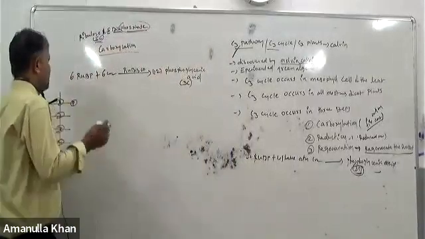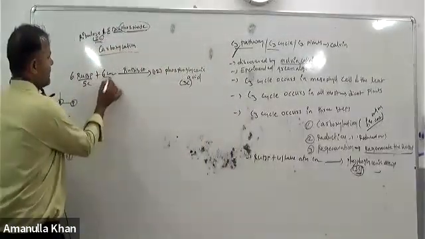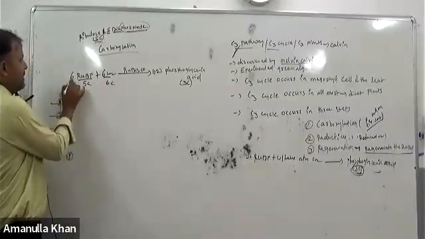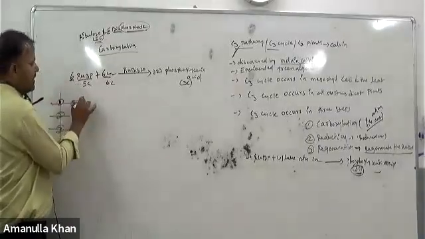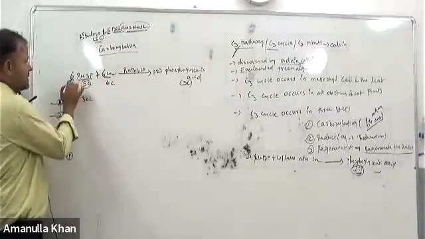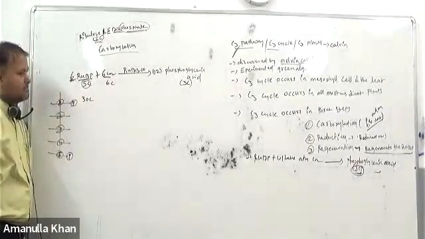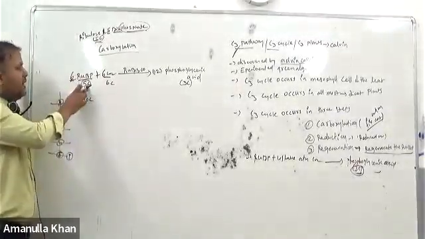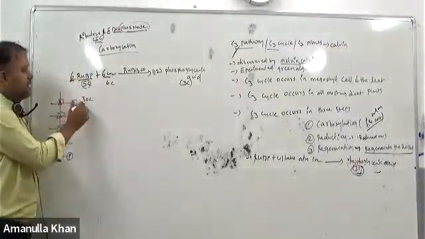Here RuBP is a 5 carbon compound, 6 molecules. So 6 into 5 equals 30 carbons.